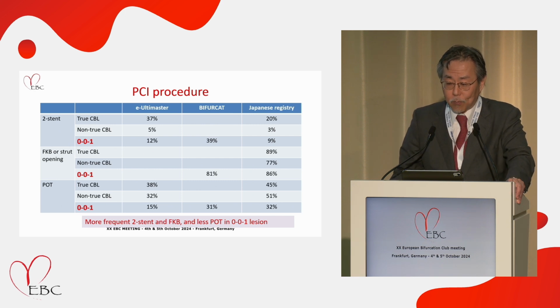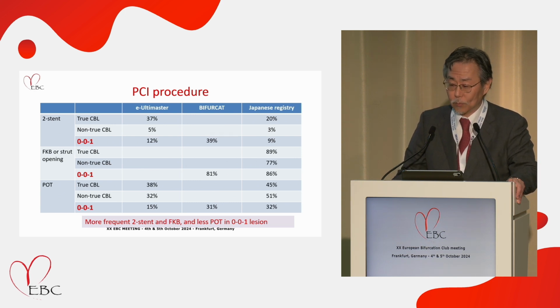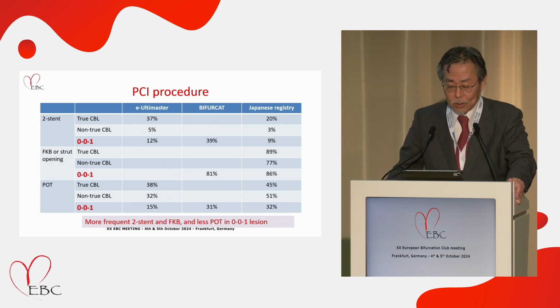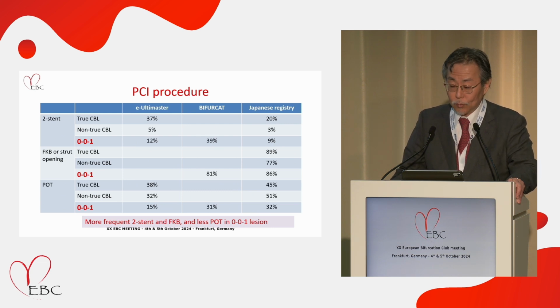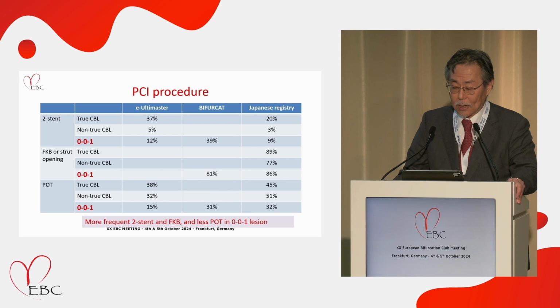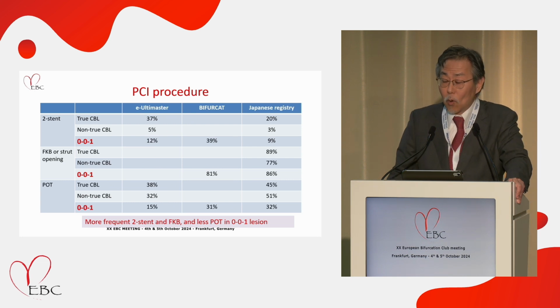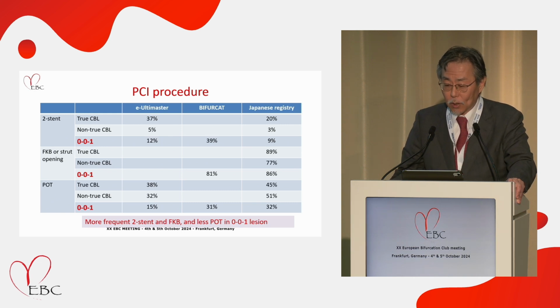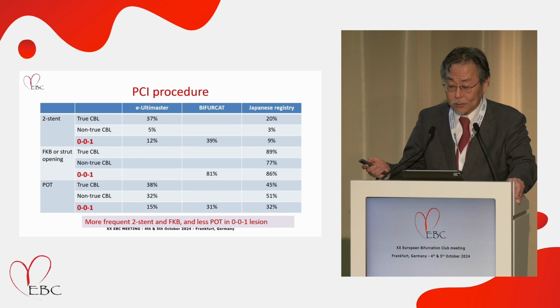And in terms of POT, the Japanese registry demonstrated less POT performance in the 001 region, 32%, compared to the other Medina subclasses, around 50%. A similar trend was found in E-Archmaster: 001 region 15% versus other regions 30 to 40%. Therefore, more frequent 2-stent use and final kissing and less POT were performed in the 001 region.